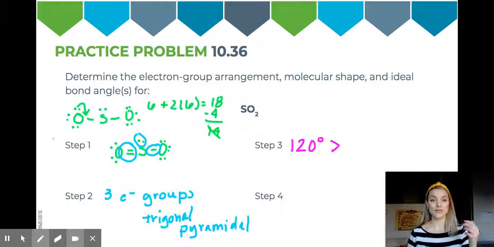But because we have a lone pair that's repelling a double bond, the bond angle between the double bond and the single bond is actually going to be less than 120 degrees due to that increased repulsion between the lone pair and the double bond. Now, step 4 is to draw our molecular shape and then name our molecular shape.